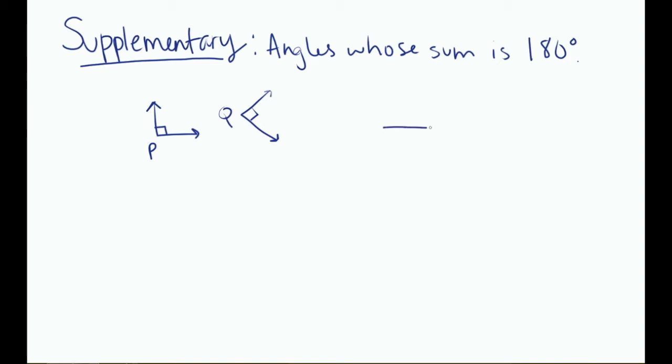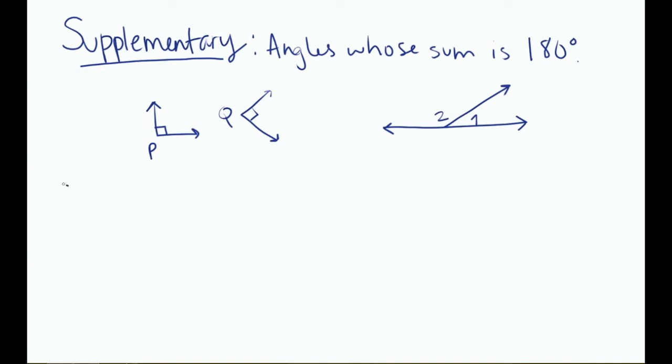I can also have angles like this. Let's say I have a straight line, and then I have an angle coming off of it like that. Let's call it angle 1, and this angle 2. Angles 1 and 2 are supplementary to each other because when we add them up, they equal 180 degrees. So this is what it means to be supplementary.